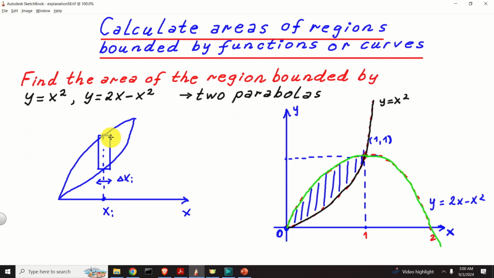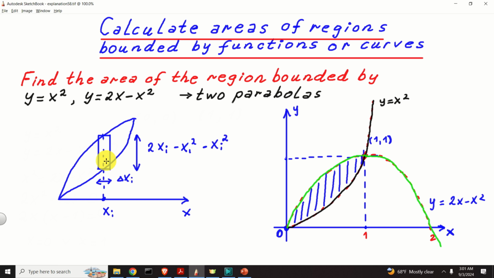Now, obviously, this dimension over here, that is the height of this rectangle, is the upper function minus the lower function. That is, this height over here is 2xi minus xi squared minus the lower function, xi squared, and that's it.